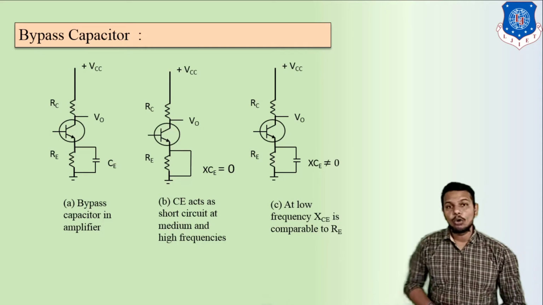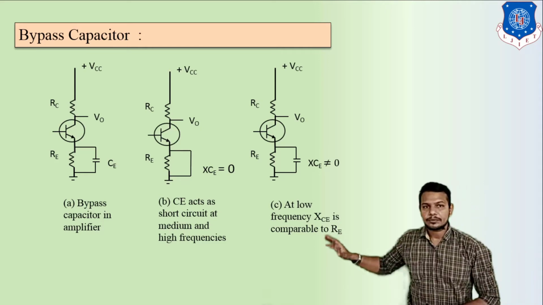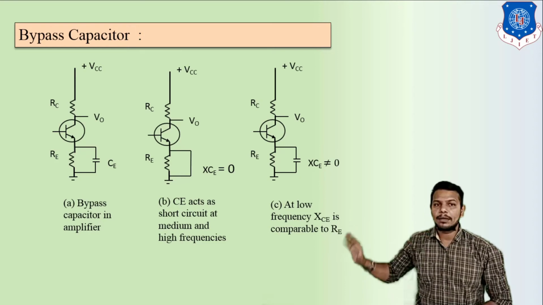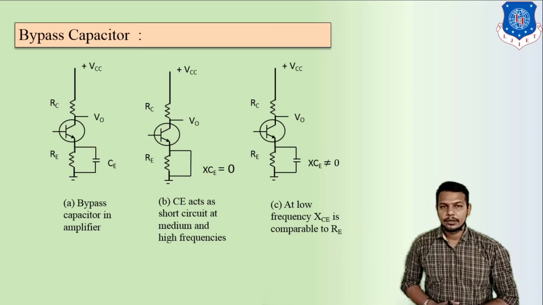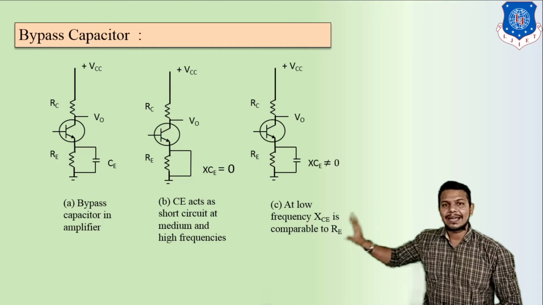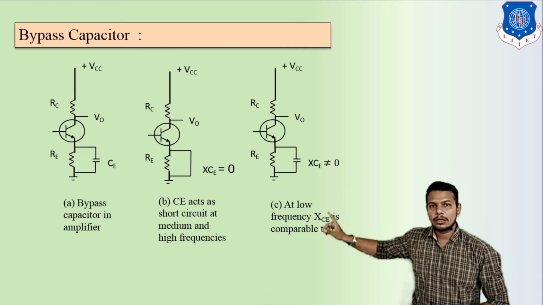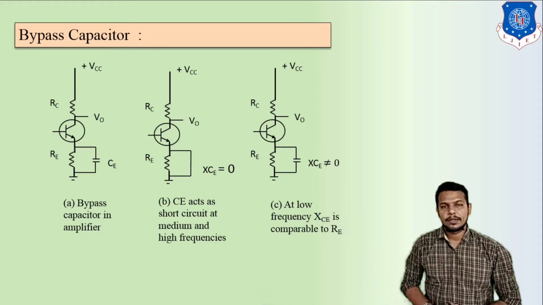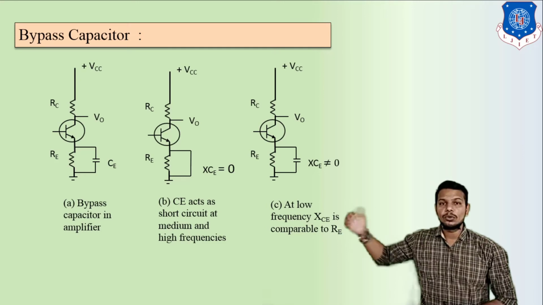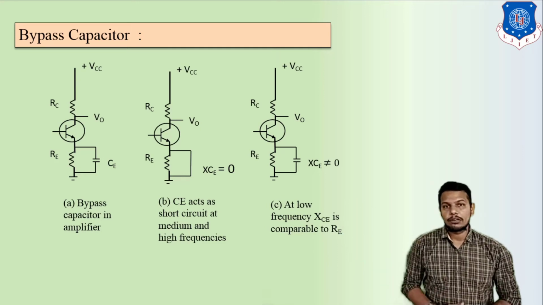Now what about low frequency? Here we can see at low frequency XCE is comparable to RE. Here we have to set a few equations, and then current can flow. Basically we can say XCE does not equal 0 for low frequency.